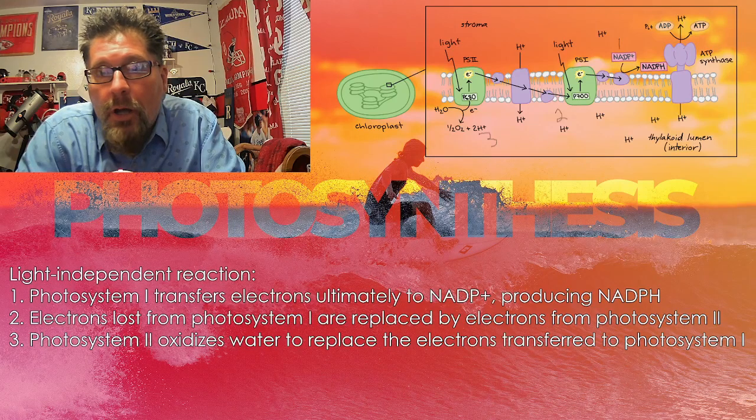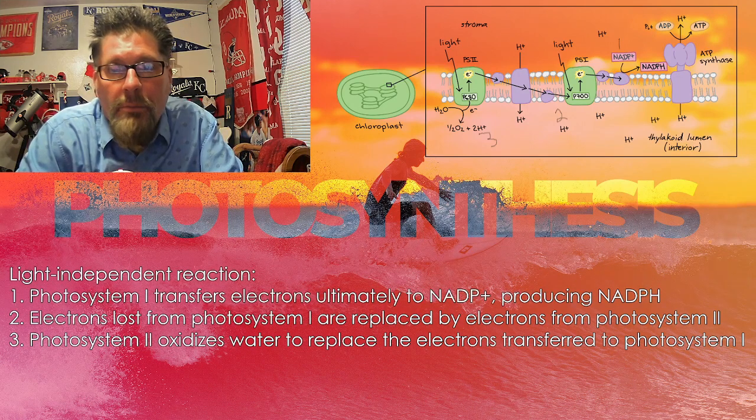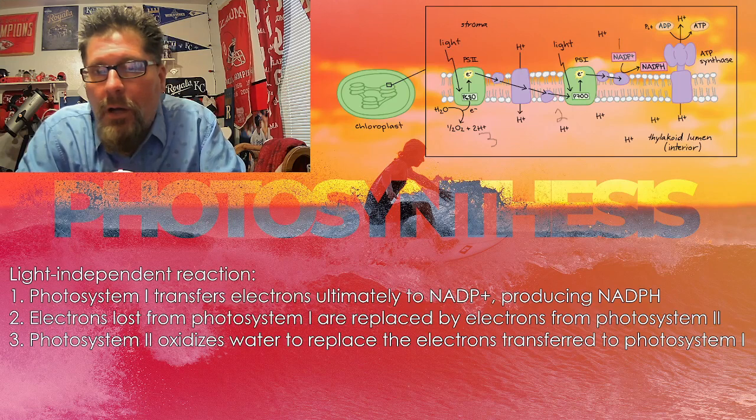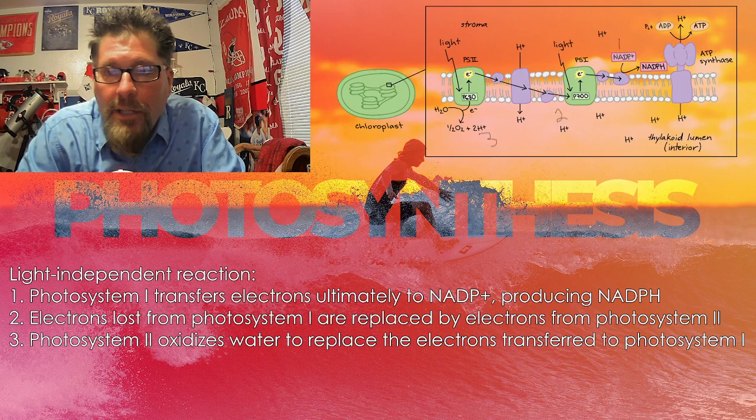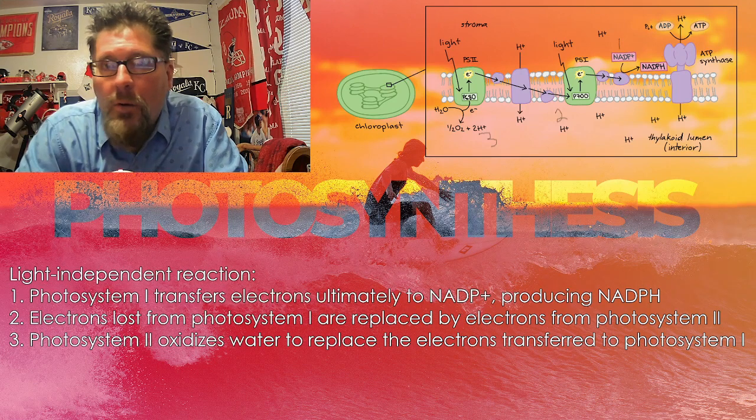Okay, so again, some other details that we haven't talked about. Actually, I think we have, but we'll emphasize them again. Photosystem 1, its electron, once it leaves, is going to be accepted by NADP, and of course the electron is connected to a hydrogen.